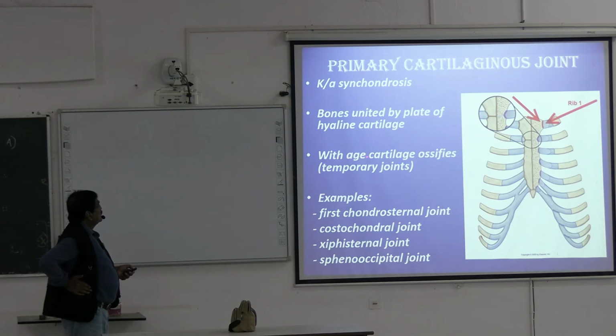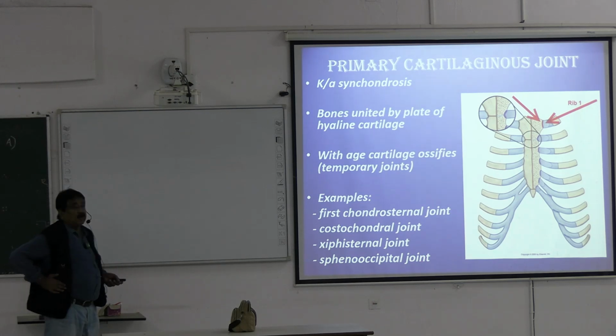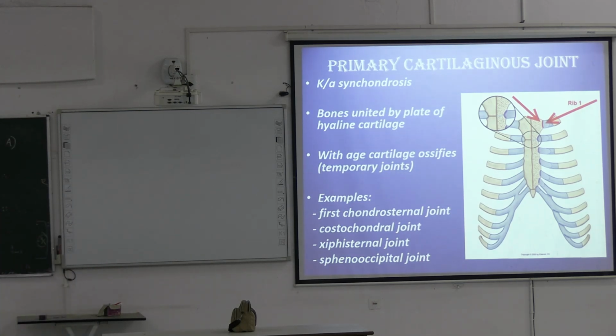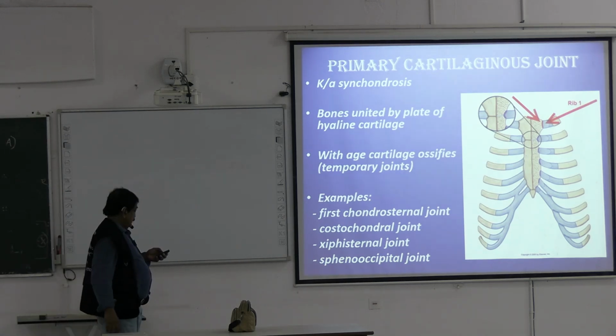With age, the cartilage is ossified, a temporary joint. Examples: first chondrosternal joint, costochondral joint, xiphisternal joint, and spheno-occipital joint. The manubrium and the body of the sternum, if they are separate, with age the cartilage ossifies.